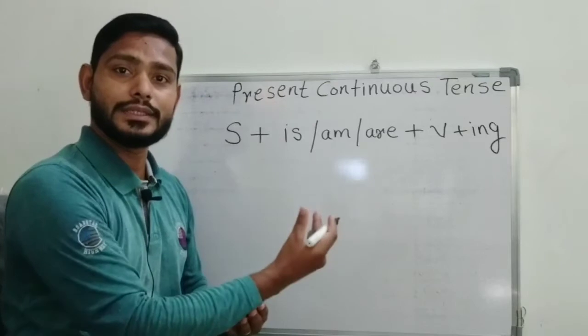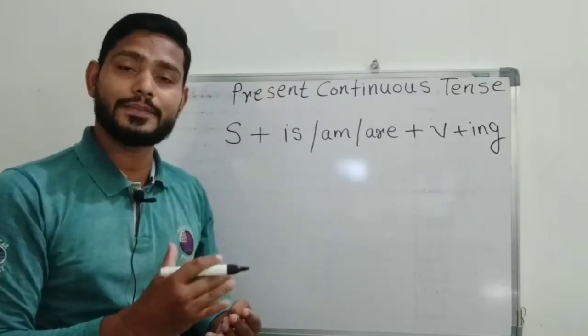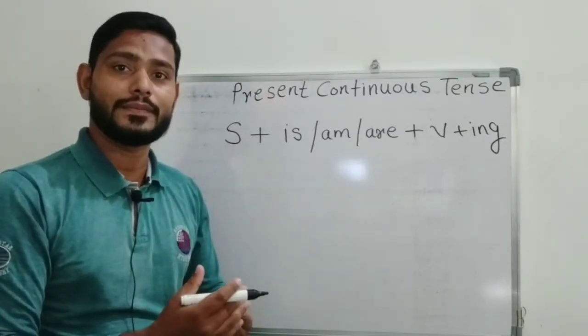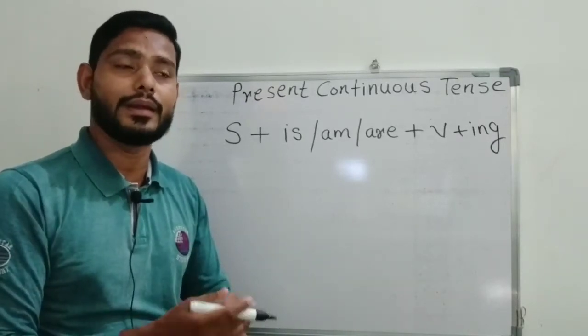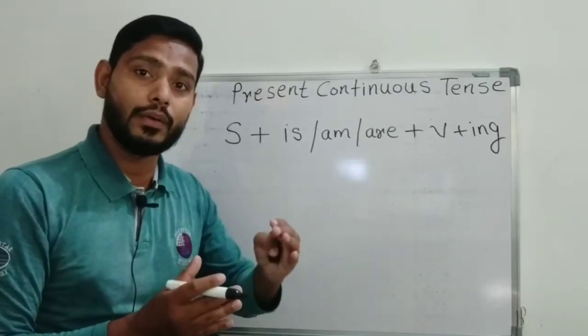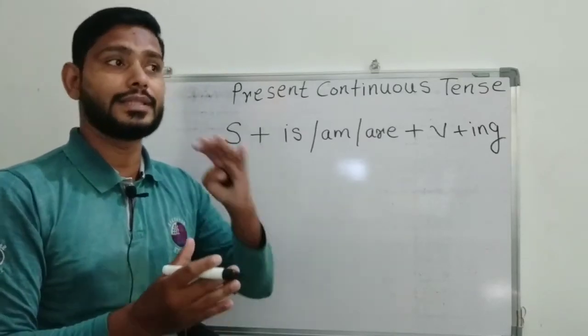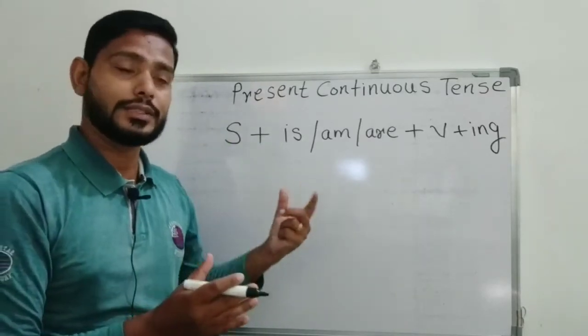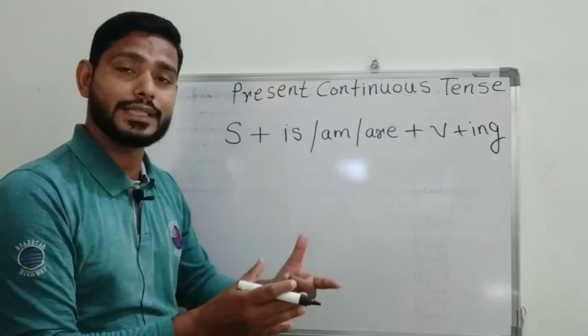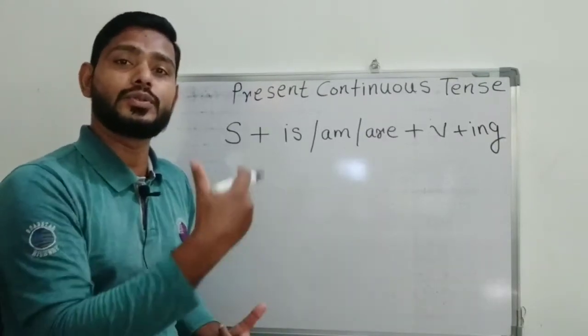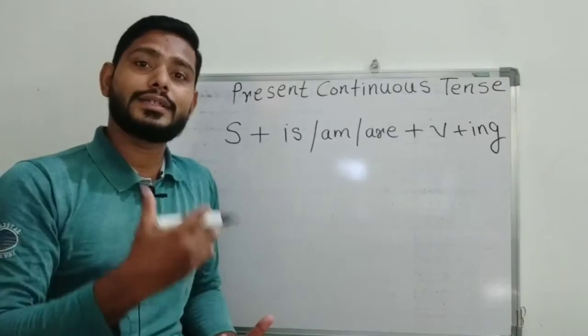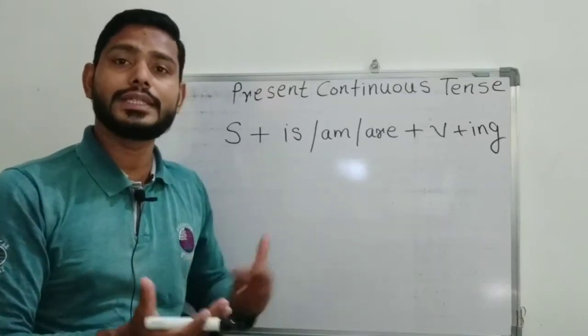I am teaching, you are watching, you are listening, a boy is crying, some children are playing in the park. It means an action is happening now, at present, just in front of you. That is called present continuous, an action that is going on. And it is also used to talk about an action in future time. So we'll see the examples.